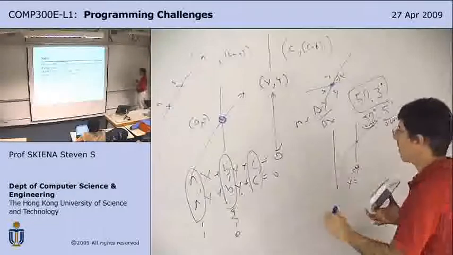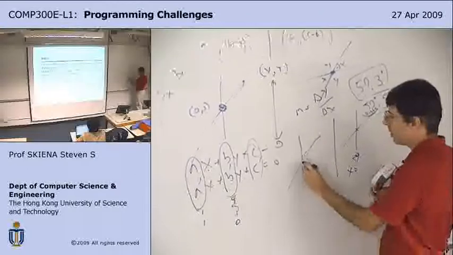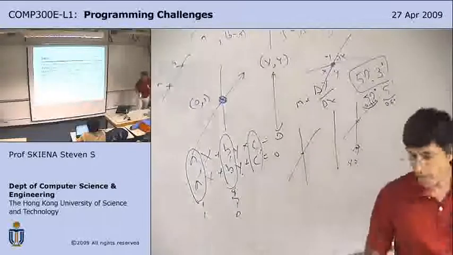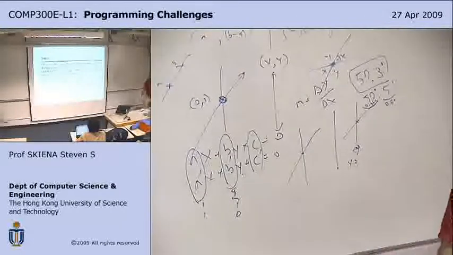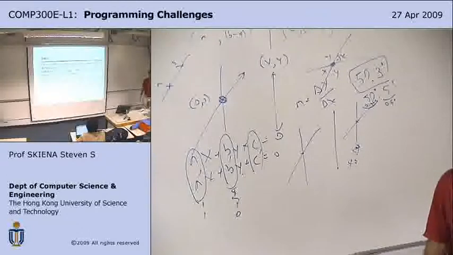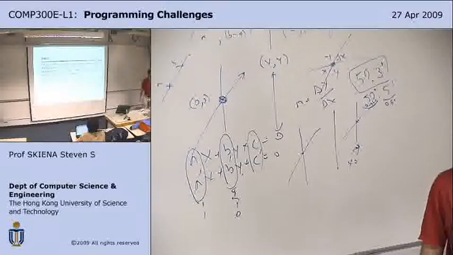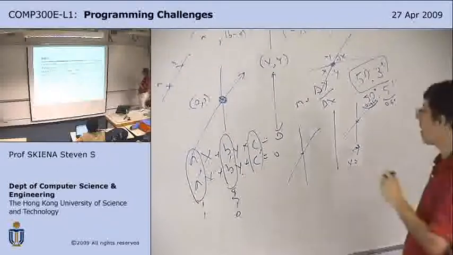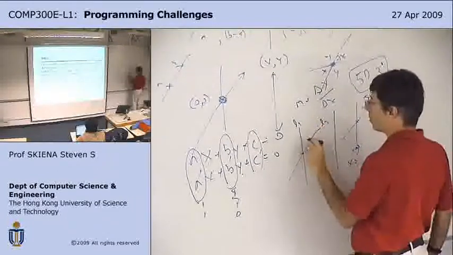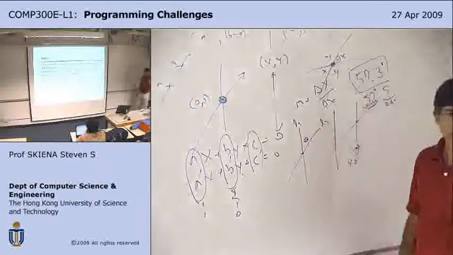So how do we compute the angle formed between two lines? Let's think about that. If I have two lines here, how do we find the angle formed between them? Any ideas? If we have a line 1 and a line 2, how do we find that angle between them?